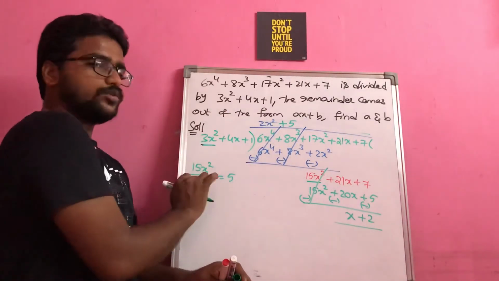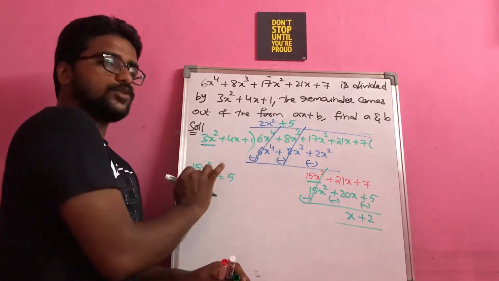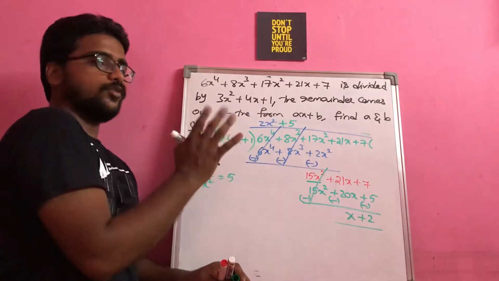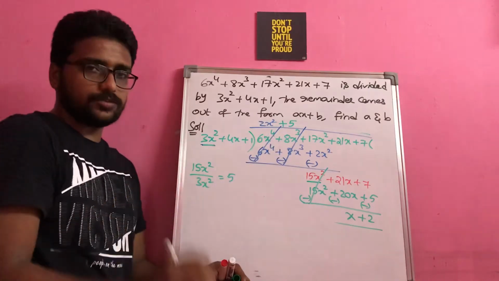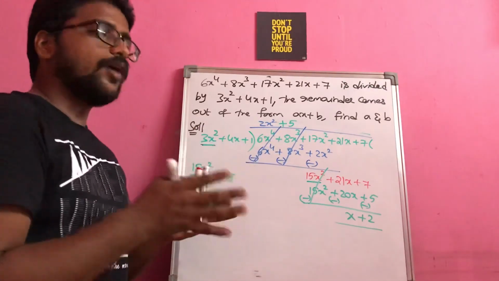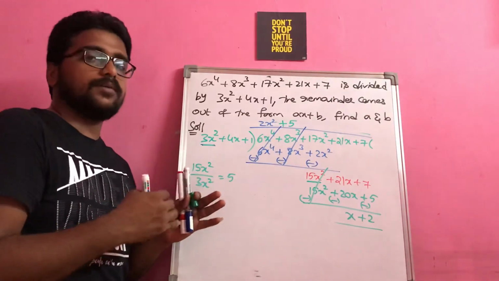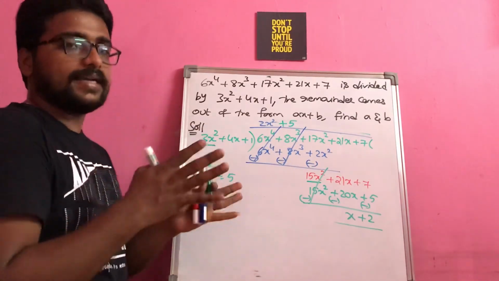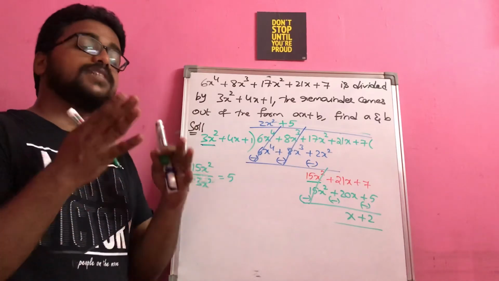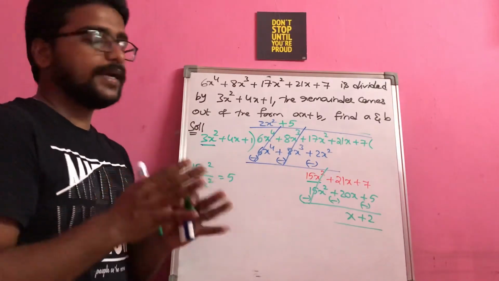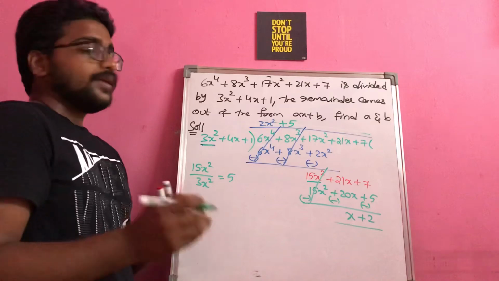Degree of divisor is 2, degree of quotient is 2, 2 plus 2 is 4, degree of dividend is also 4, right? So this is how you have to check the rules that you learn. Please don't believe the rules blindly. You just have to justify your belief, right? That is important. Now, come back to the question.